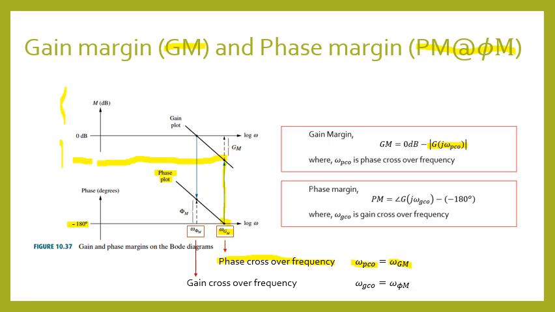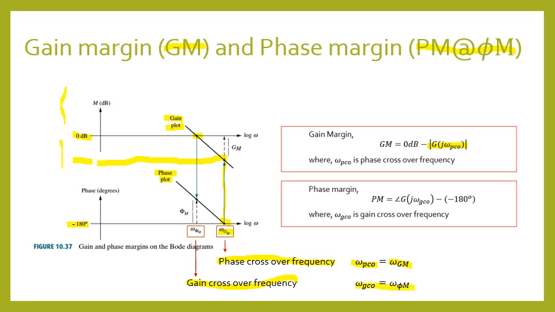Now let us look at how to obtain the phase margin. To obtain the phase margin, you look at the intersection of the gain plot with the 0 dB line. So here, the intersection is obtained at this frequency. This frequency is what we call the gain crossover frequency, and the notation used will be omega GCO or omega phase margin.